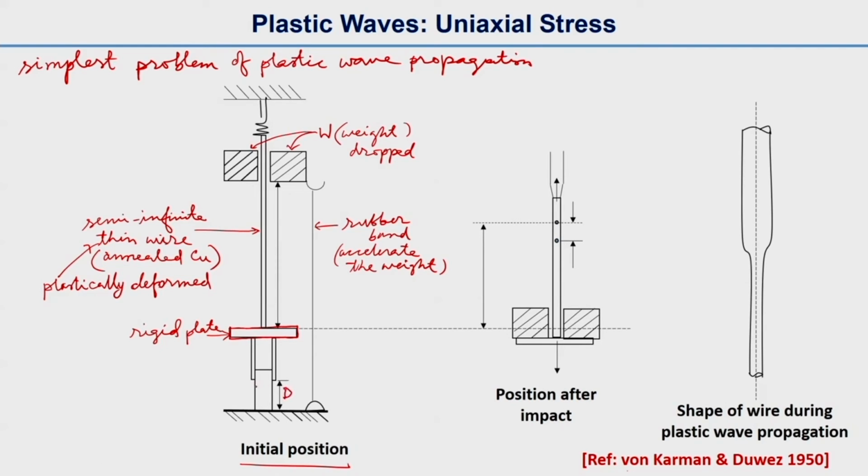You can see that this is one anvil, and you can vary this distance. So what will happen when the weight impacts here, let us say this is small d, the portion of the wire from the initial position of the weight to the rigid plate. The weight will travel a distance small d, and capital D is the allowable deformation, the total wire extension.